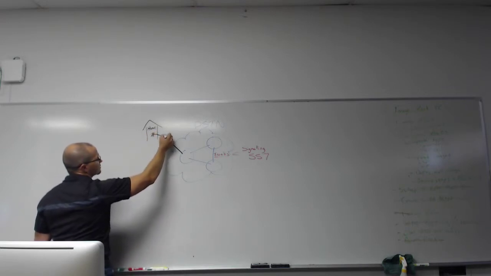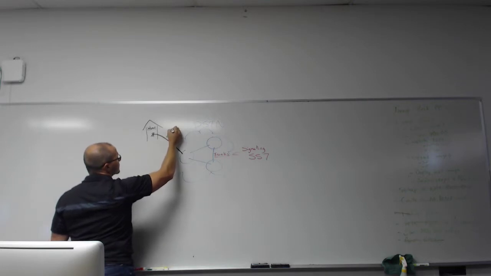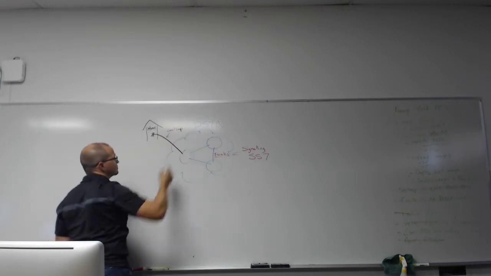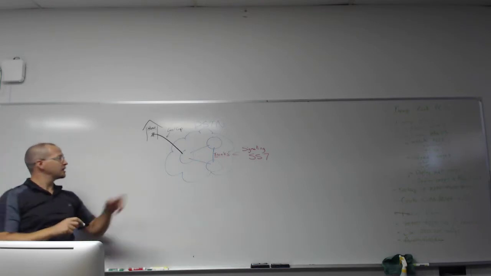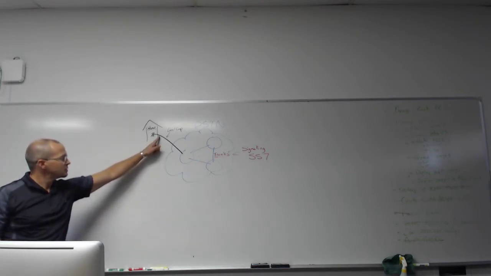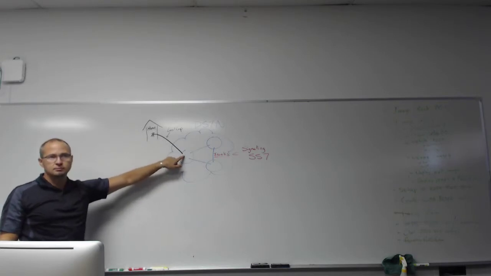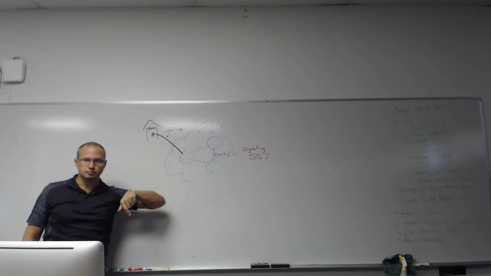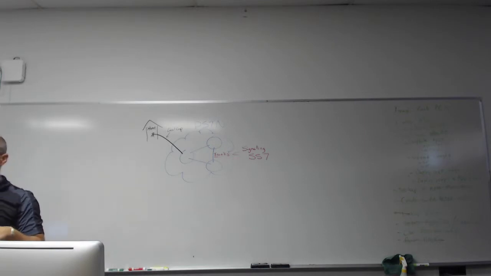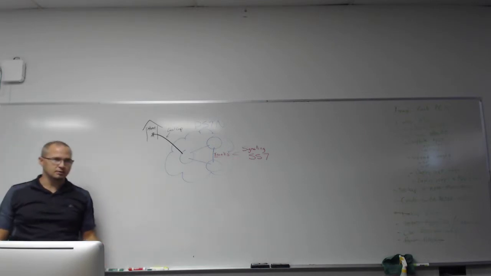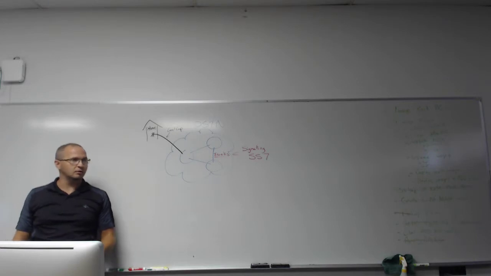This connection is called the local loop. The connection that goes from the outside of your house to the telephone company is your local loop. Or it's also referred to as the last mile, albeit it can be longer than a mile long, but it's the last mile.